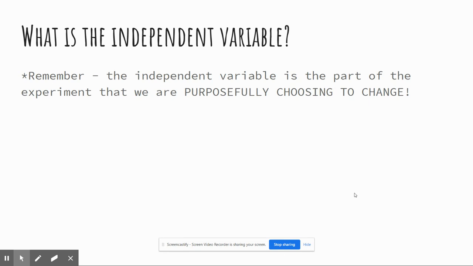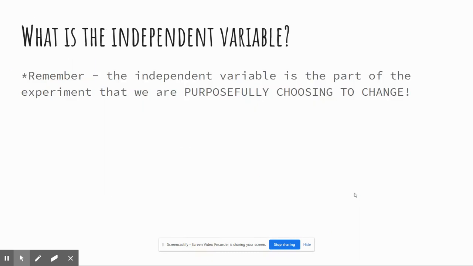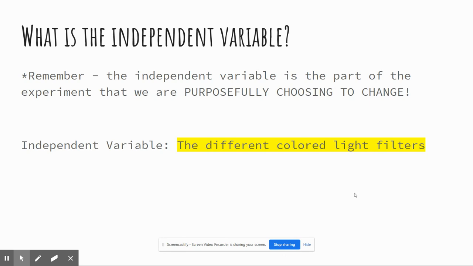So remember, the independent variable is the part of the experiment that we are purposefully choosing to change. So if we look at all of these different plants, the only thing that we have purposefully made different between plant A and B and C and D is the color light filter that they have above them. So that would be our independent variable. The only thing that we purposefully made different between each of our plants is the different colored light filters.